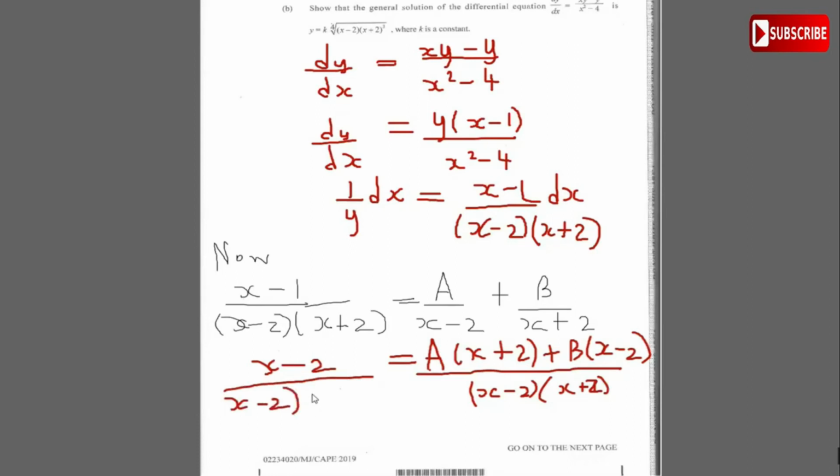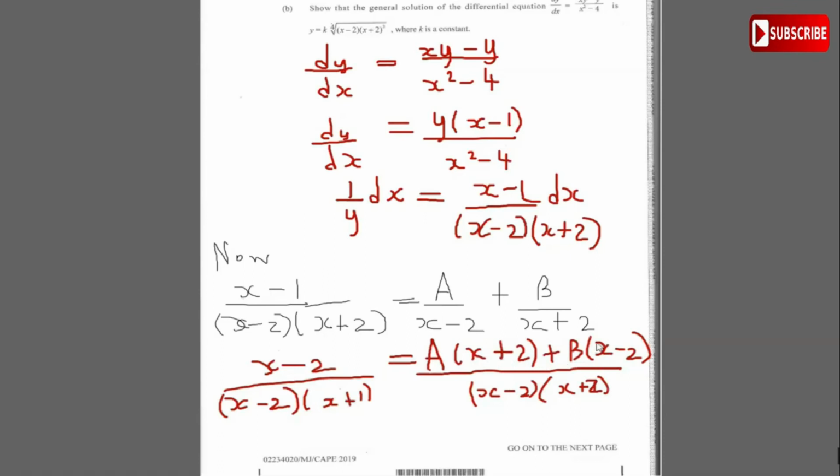Now, when you get to this stage, what you have to do is equate the numerators. Whenever two fractions are equal, you equate their numerators. Let x be 2.